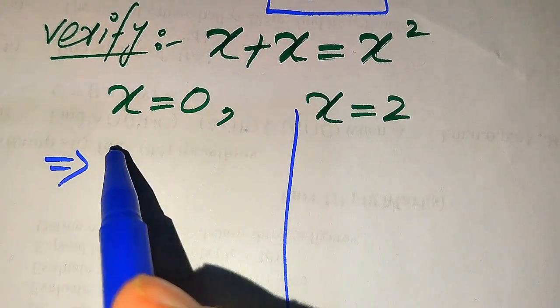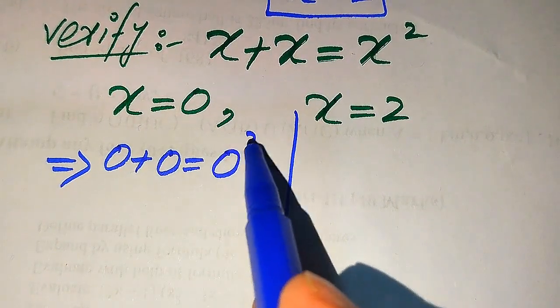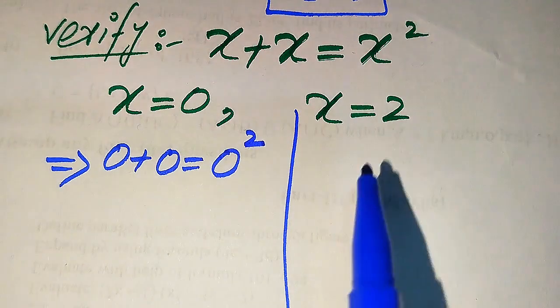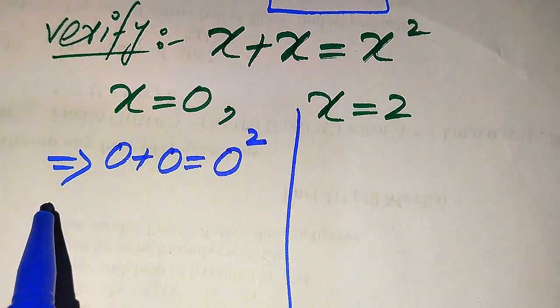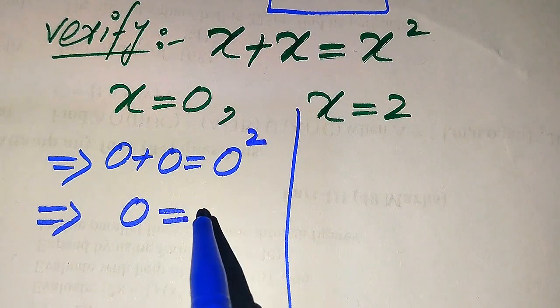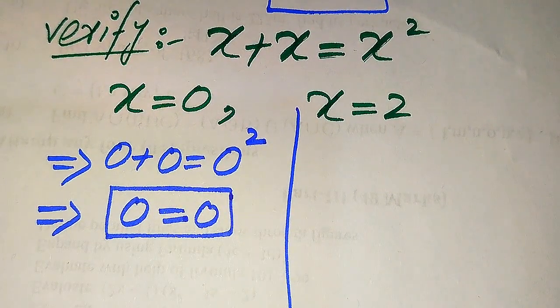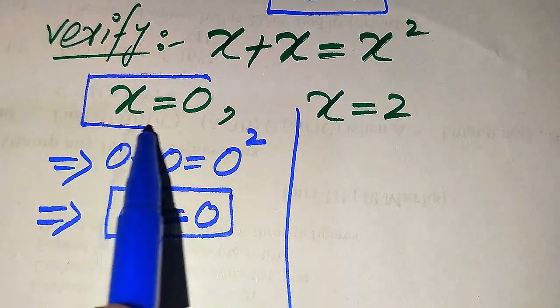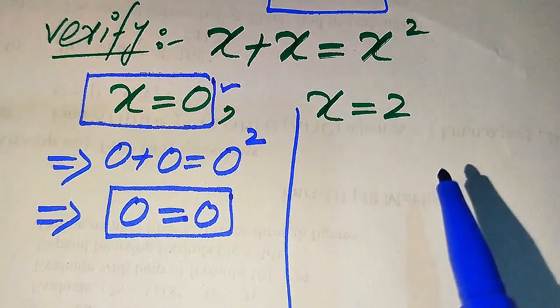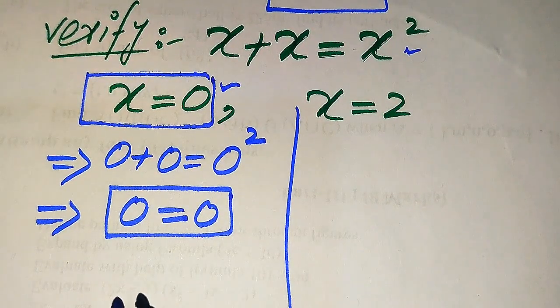When you put the value, it becomes 0 plus 0 is equal to 0 square, because on the right hand side we have x square. 0 plus 0 becomes 0 and 0 square is also 0. So left hand side is equal to right hand side. It means that x is equal to 0 satisfies the given equation, so x is equal to 0 is one solution of the given equation.